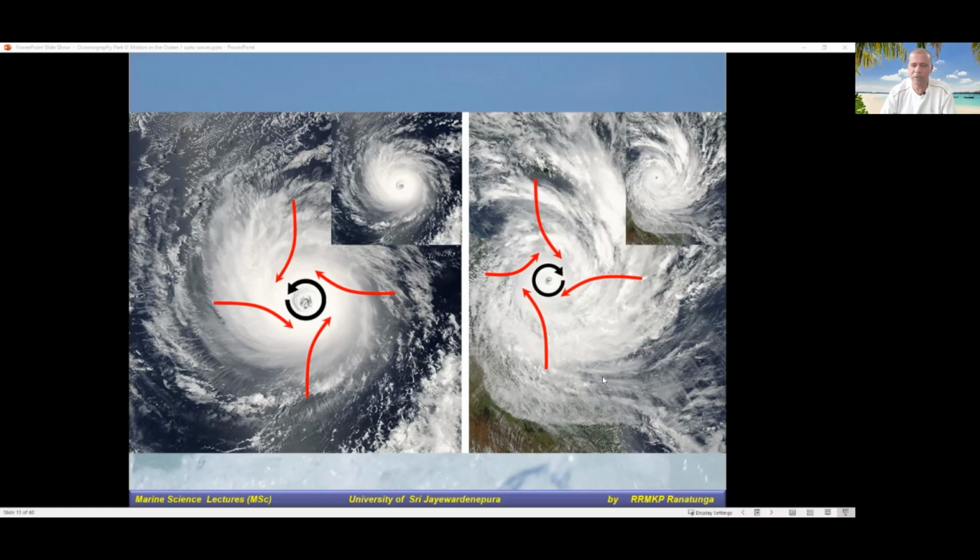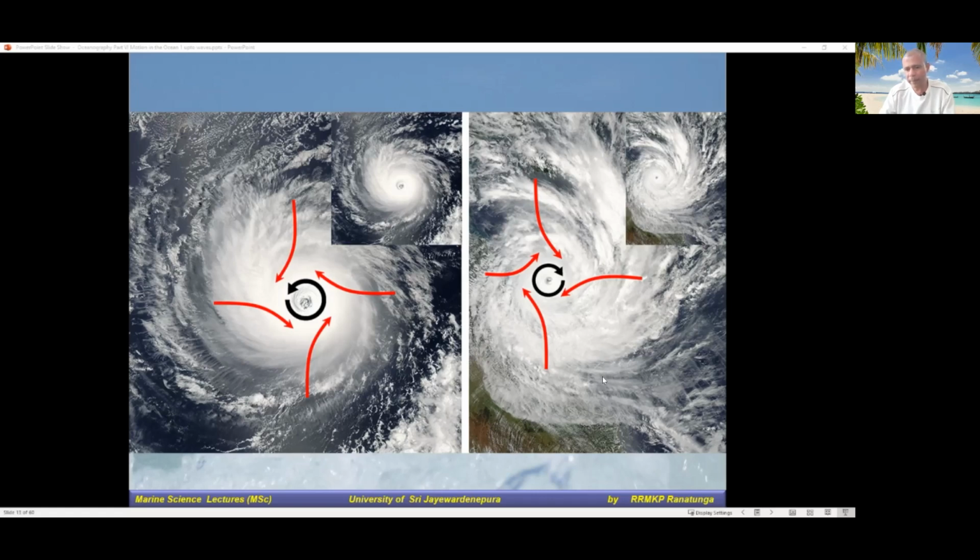So you can watch this carefully. You can go to Google, and at any moment you will see a cyclone somewhere on Earth, and you can see this difference, right? You can even demonstrate this at home, in your sink.